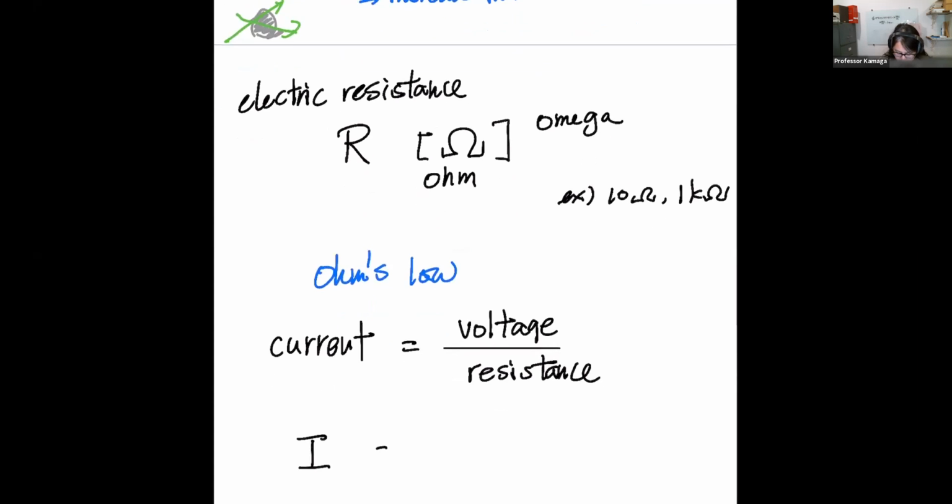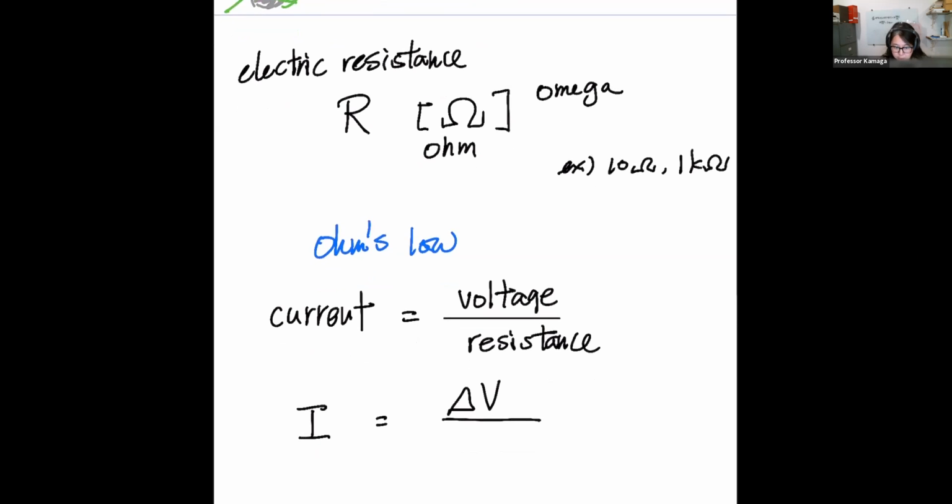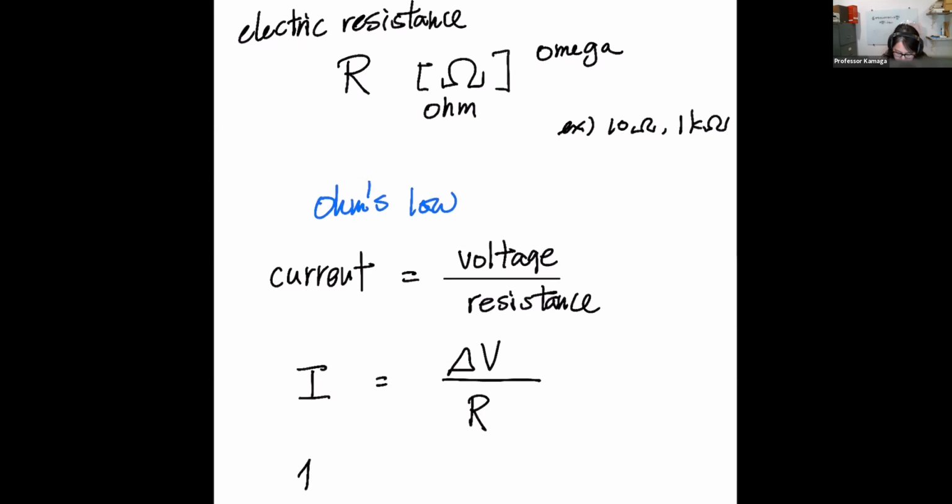I equals, I want to make sure you write this, the change in voltage, the voltage drop, divided by resistance R, right? So 1 ampere is equal to 1 volt per ohm. And again, I'm emphasizing this is the voltage drop, right?